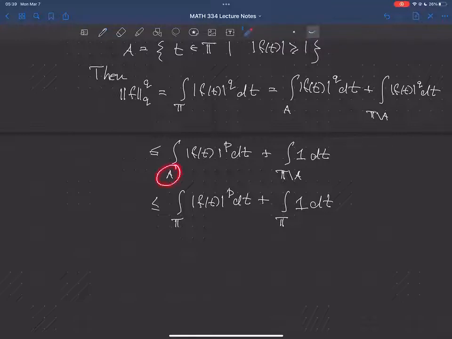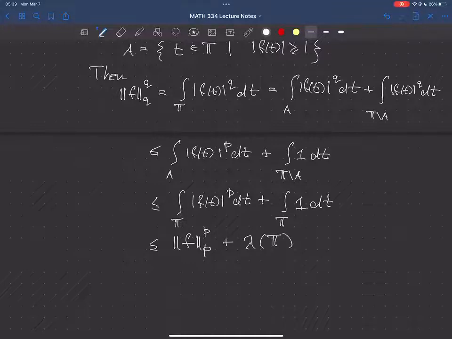Integrating positive quantities over larger domains always gets something larger. So this is less than or equal to the P norm of F to the P plus the Lebesgue measure of T. And this is finite, because this is where I'm using the boundedness of the time domain.